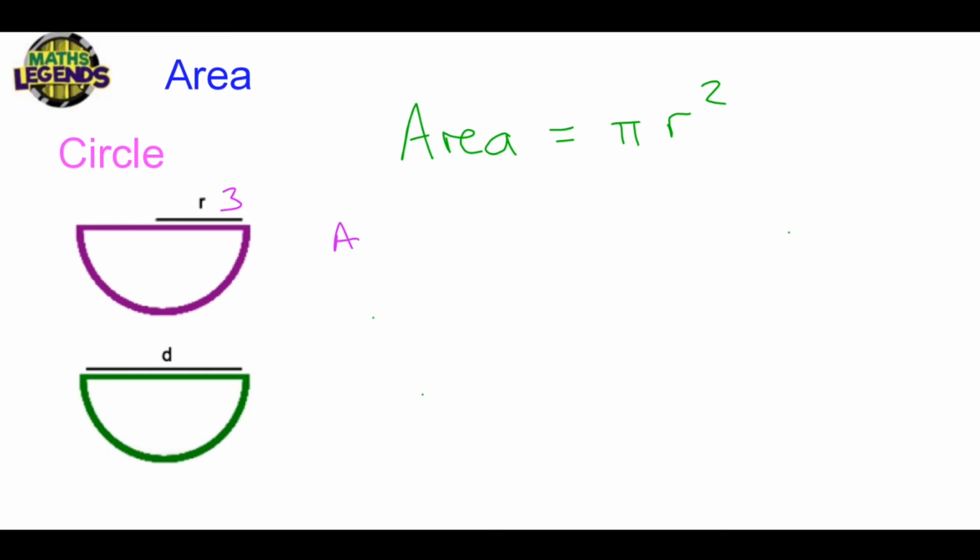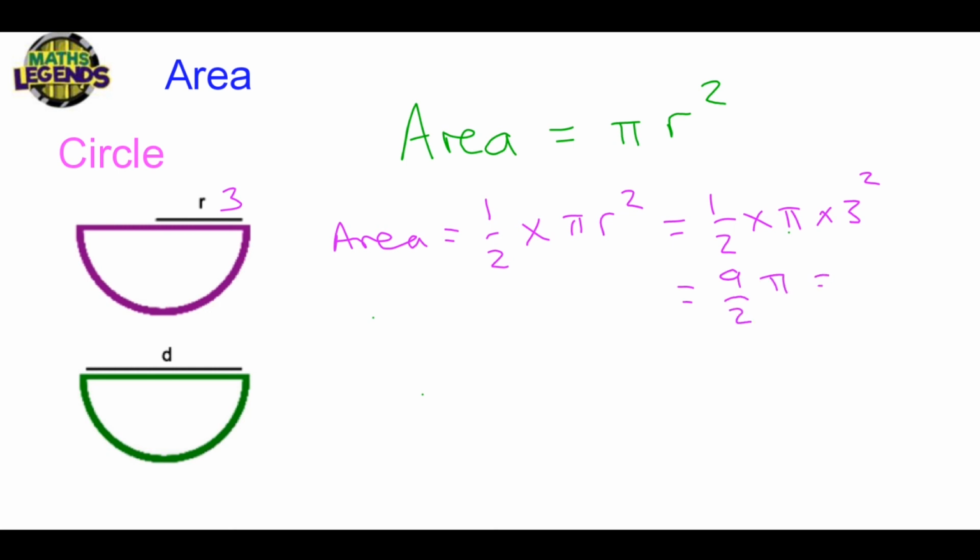Now the area for this one is half times pi r squared, which equals a half times pi times r, which we know is 3, so it's 3 squared, which is 9, so 9 over 2 pi, and 9 over 2 pi is 14.1 to 3 SF.